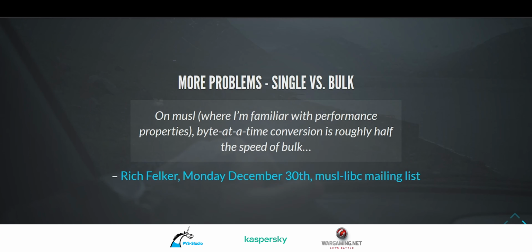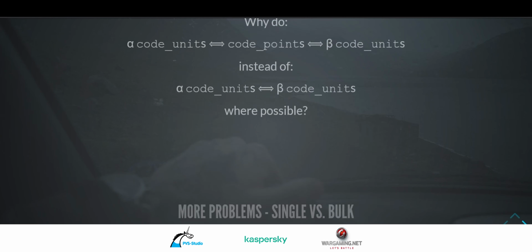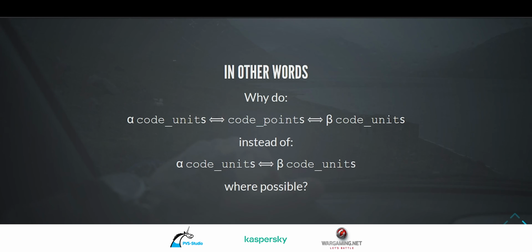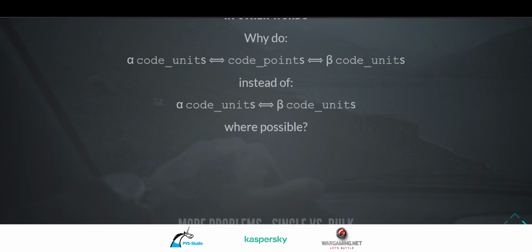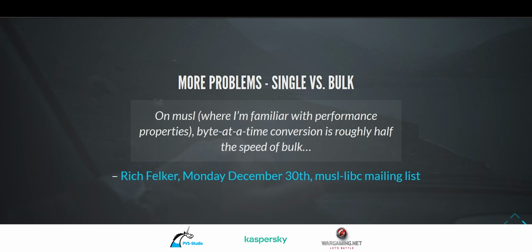The other problem is doing singular one-off conversions versus bulk conversions. In this last slide, we're talking about doing a singular conversion, going from a single unit of information in code units to a single unit of information in code points to a single unit of information in code units. And that's still bad because it's a singular operation.